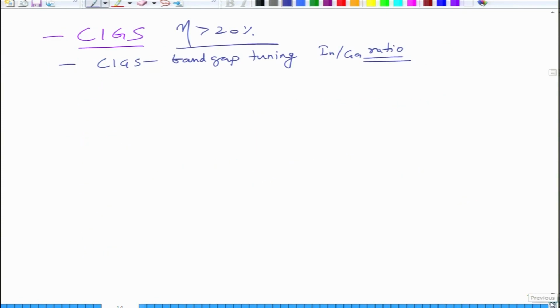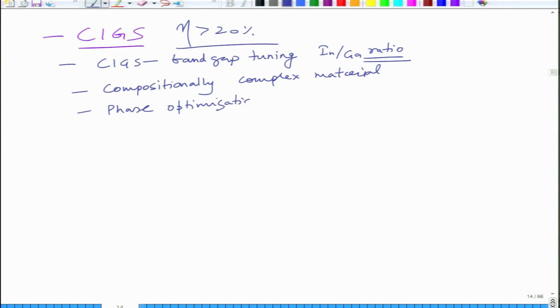In CIGS, however, it is a compositionally complex material. So, phase optimization is complex. One needs the right temperature, time and ambient to synthesize the correct phase, otherwise you end up forming binary and ternary compounds which are not CIGS.